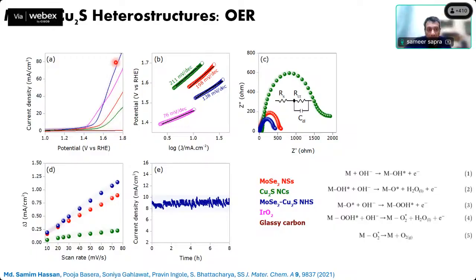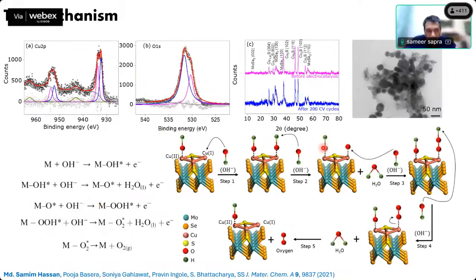So you will have much better currents at lower voltages for Shamim's material. And you can look at these EIS spectra and understand the same things that we were discussing earlier. I'll not go into those details again, but look at the mechanism over here.